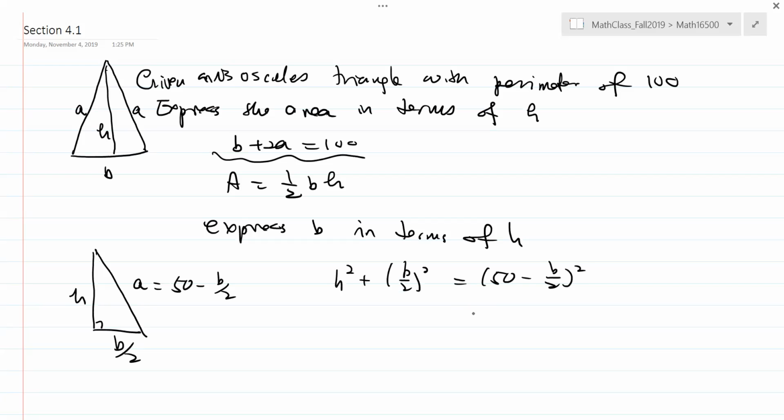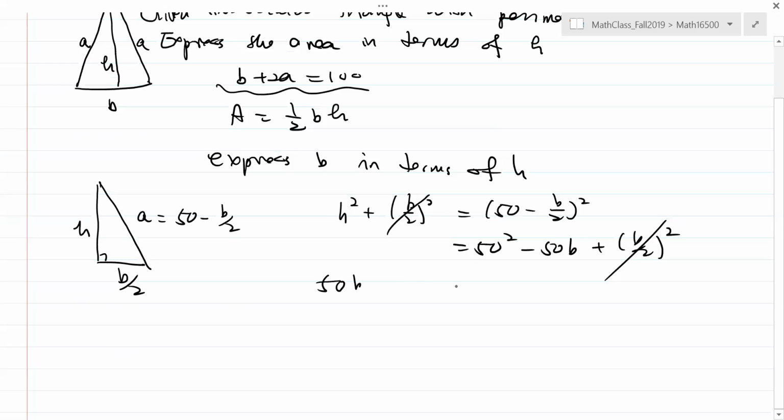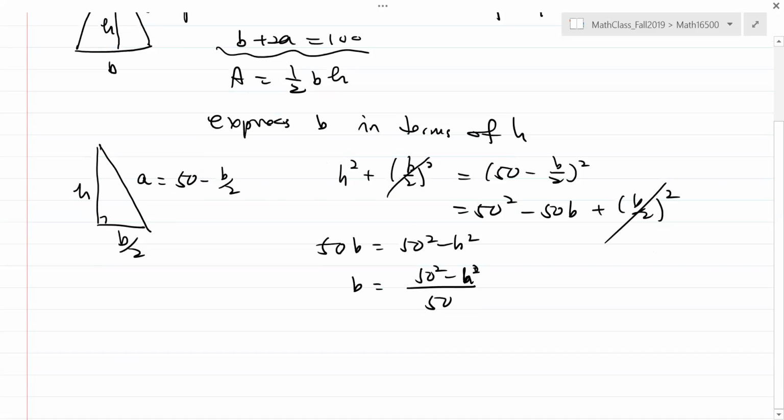So you get 50 squared minus 50b plus (half of b) squared. Half of b squared cancels out. Then you have 50b equals 50 squared minus h squared, and b is going to be (50 squared minus h squared) divided by 50. Then that you can put into the formula.